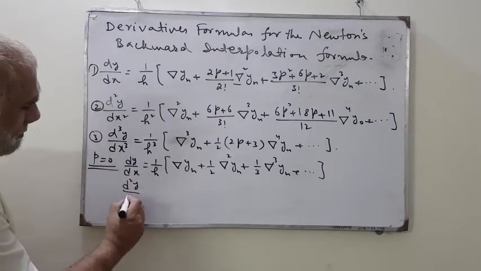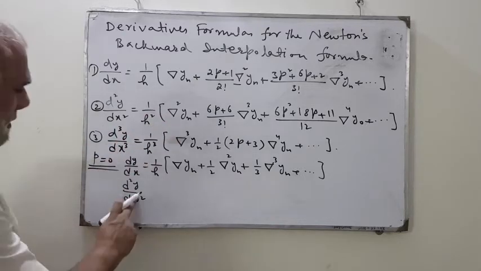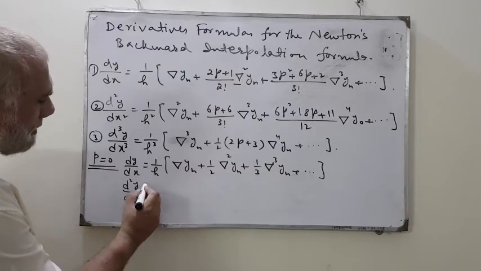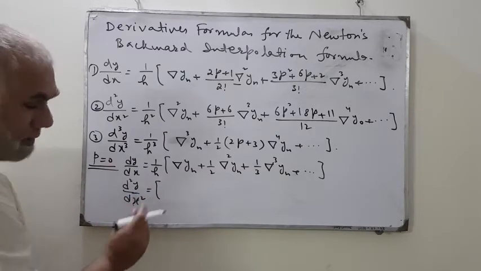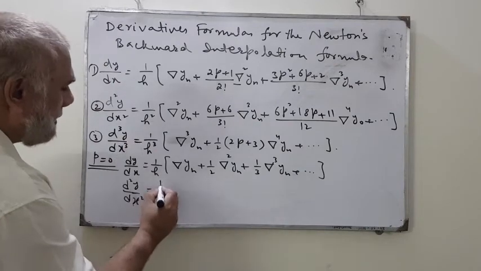Similarly, d2y over dx square is equal to 1 over h square.